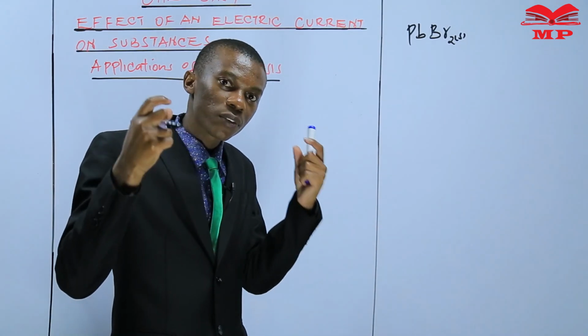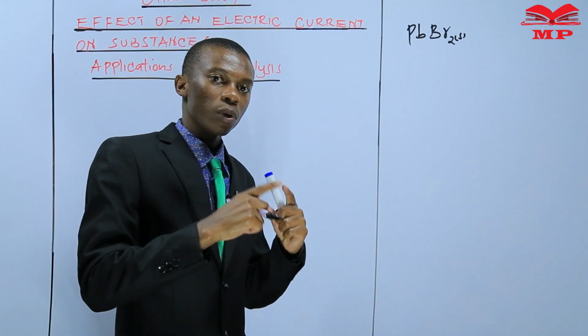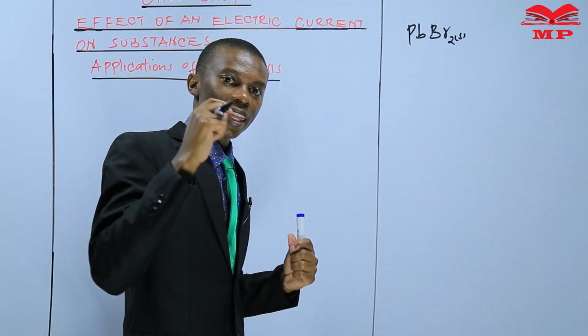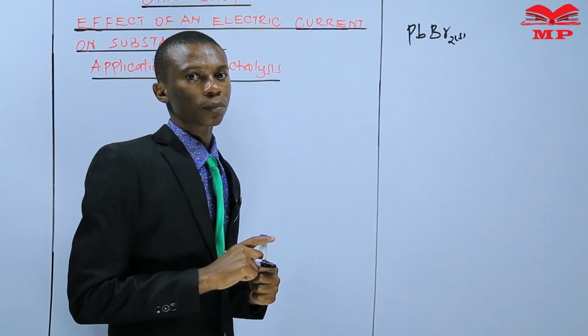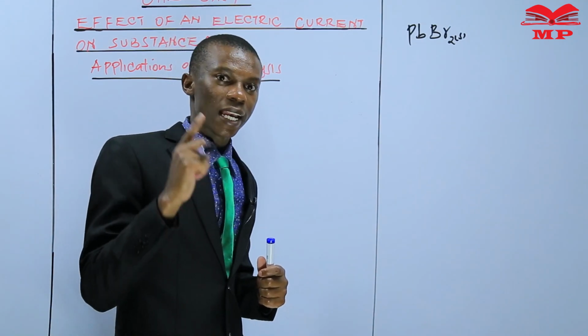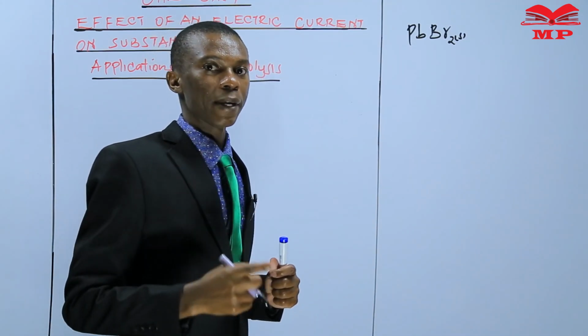The electrostatic forces of attraction are holding the ions of lead 2 bromide together very strongly, and therefore the ions are in fixed positions, they do not move. So heating weakens the electrostatic forces of attraction and the ions become mobile.